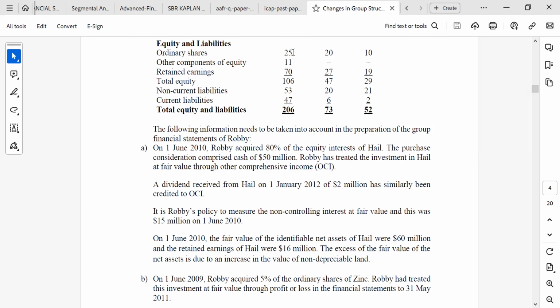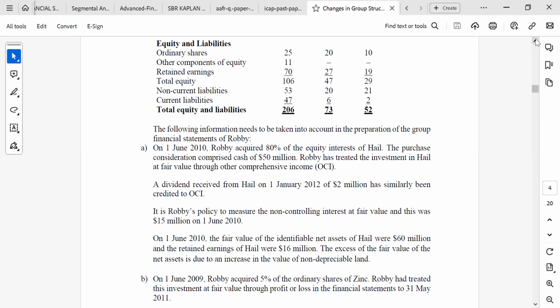So let's tackle the first one first. They are saying that on 1st June, 2 years ago, Ruby acquired 80% of the equity interest of Hale. The purchase consideration comprised cash of 50 million. Ruby has treated the investment in Hale at fair value through other comprehensive income.